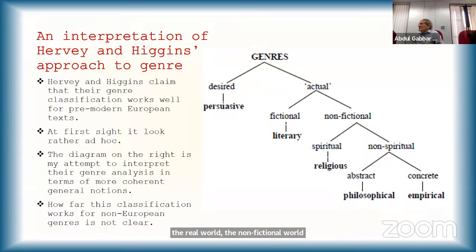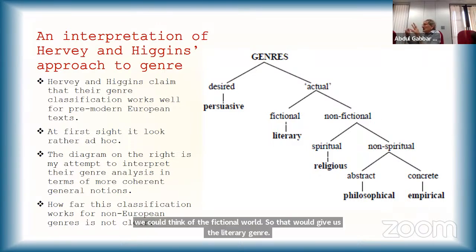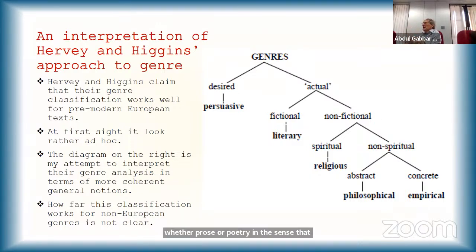So that would give us the literary genre, whether prose or poetry, in the sense that even if bits of this world are true, you can have a novel set in Muscat in 2024, and you can even have some real characters, but as long as it's not presented as fact, then it still is fiction.